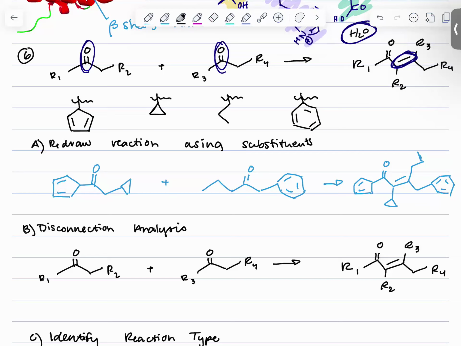I don't know why I drew it right for the disconnection analysis and wrong for the other one. Human error. What's up? If this were to be on the exam, would the product be matching exactly like that, or would it be like R5, R6, R7? It would be like on the homework.